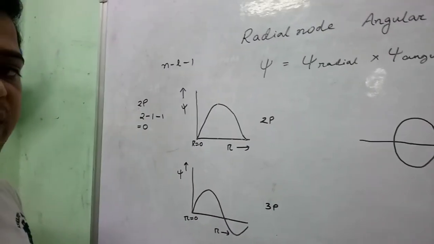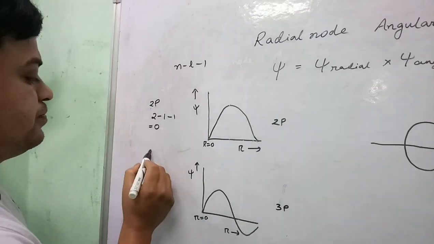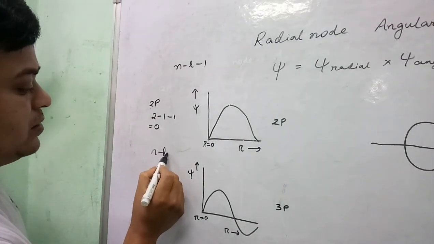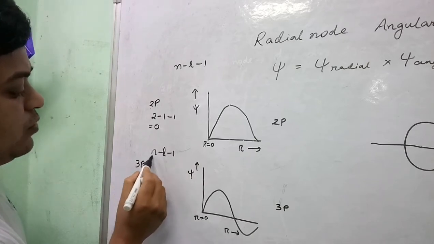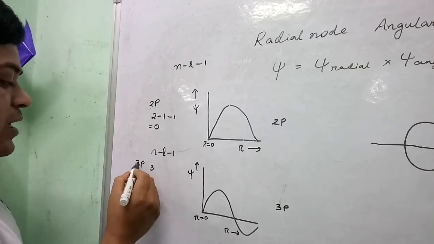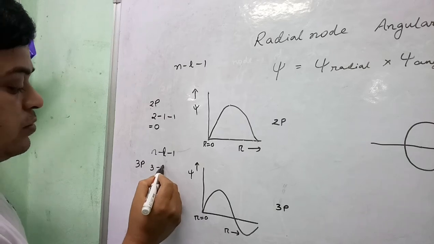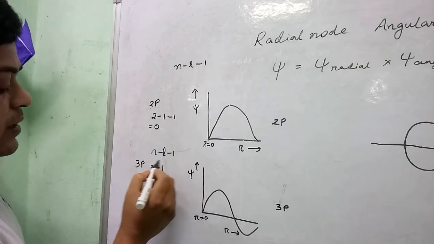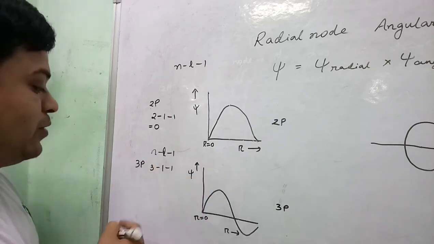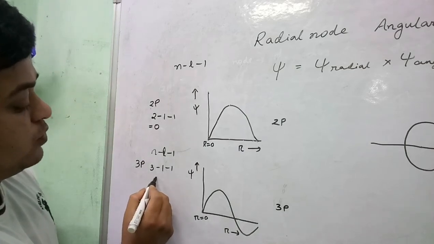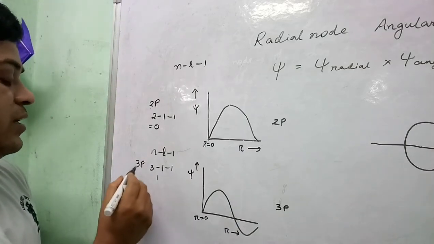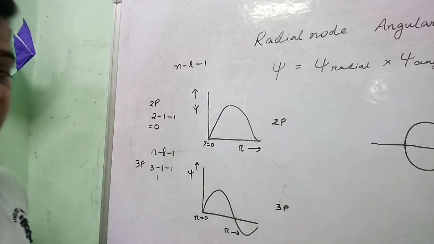We know that number of radial nodes equal to n minus L minus 1. For 3p orbital, principal quantum number n equal to 3, and azimuthal quantum number L equal to 1. Therefore, 3 minus 1 minus 1 equal to 1. Therefore, total number of radial nodes for 3p orbital is 1.